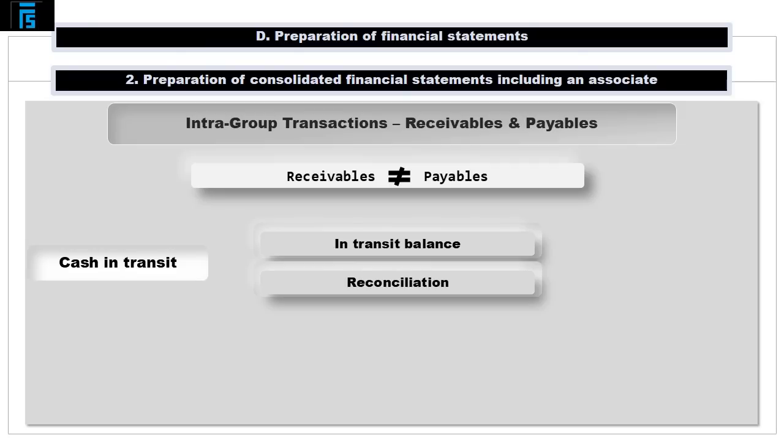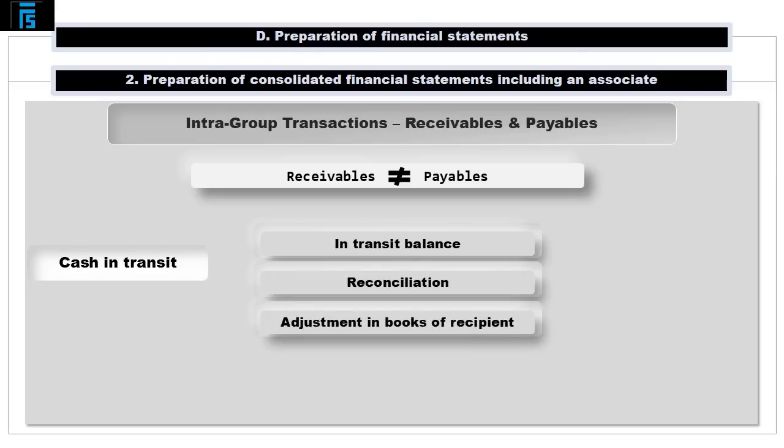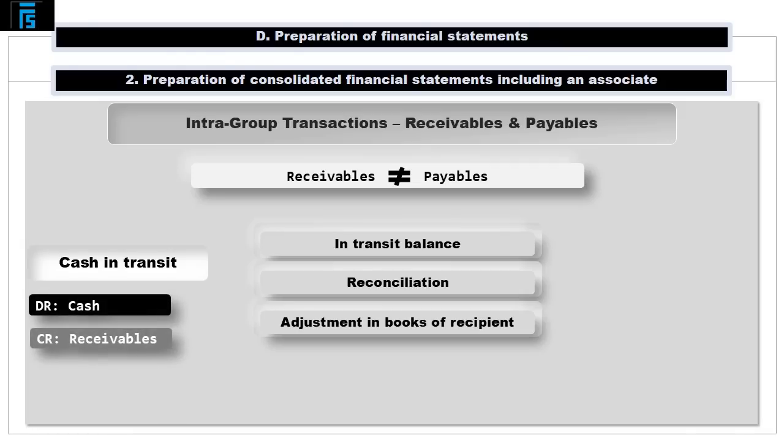So, if it is cash which is still in transit, the adjusting double entry is made in the books of the recipient, albeit only for the purposes of preparing consolidated financial statements, and involves a debit to cash and a credit to trade receivables.